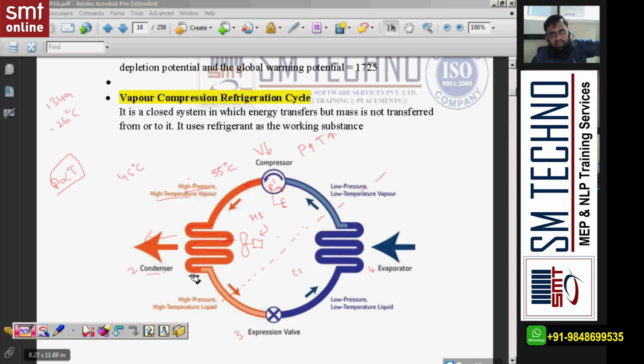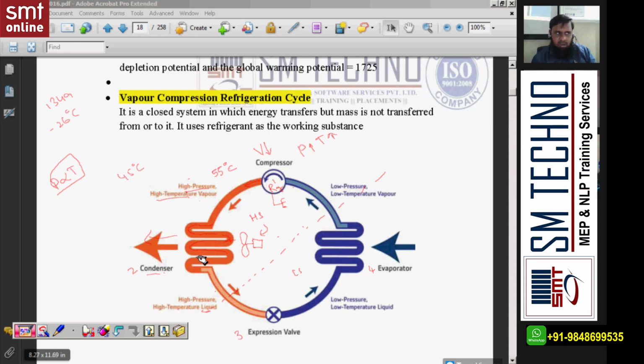And whenever latent heat means change of phase, right? So what we learn in basics we'll use now. So when the refrigerant is flowing, it will reject definitely the heat equal to latent heat. So when it is coming out, it will be in liquid form. So that's the reason this is called condenser, because refrigerant gets condensed, na, vapor to liquid, condensation, right? So this is called condenser.